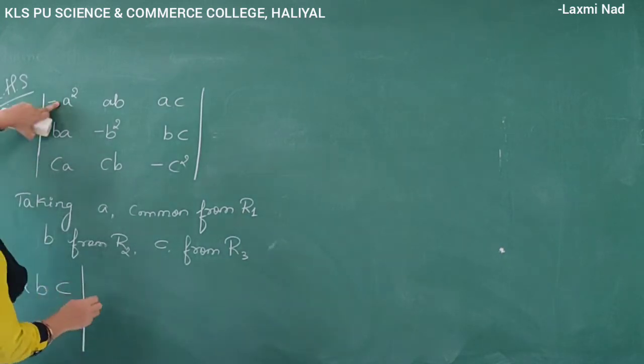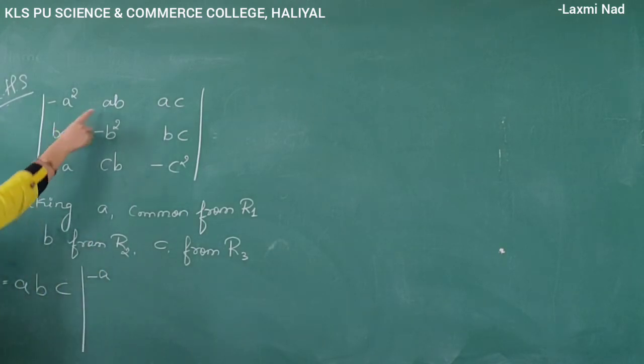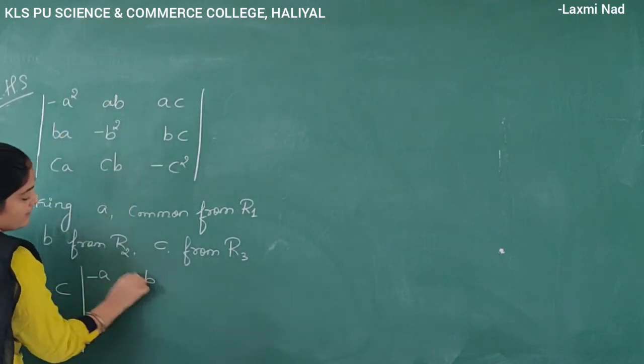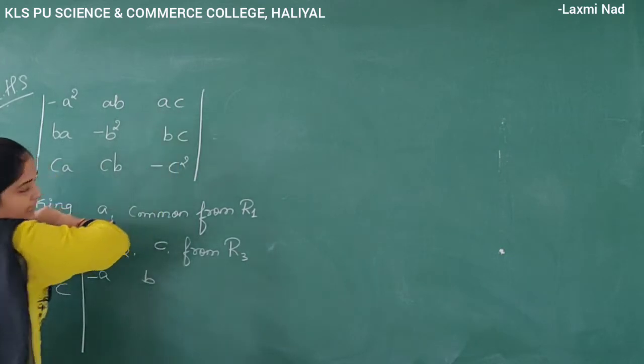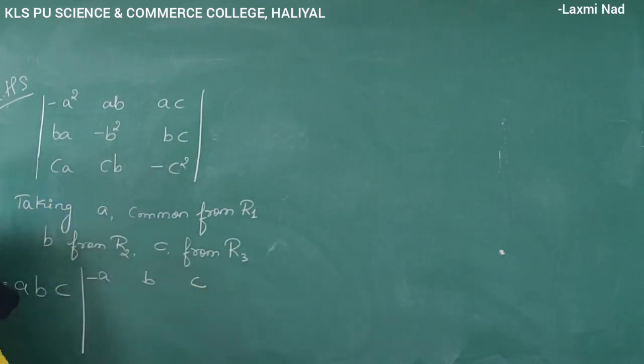What is left? If you take a as common, here 1 will be left, and minus b will be left, because from the first row I am taking a as common, and here c.